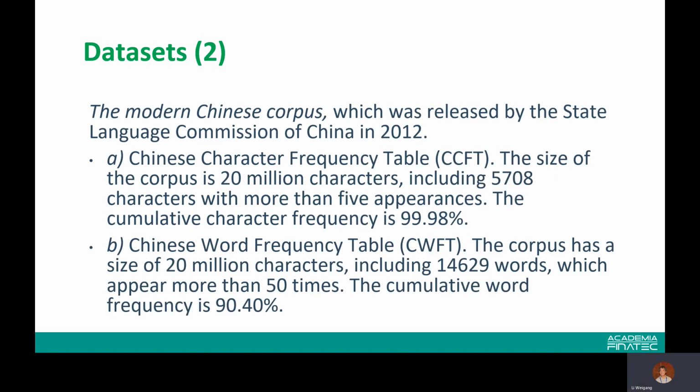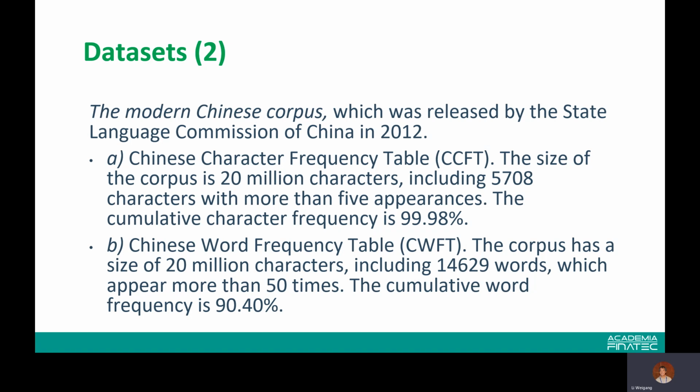Data set 2. The modern Chinese corpus, which was released by the State Language Commission of China in 2012. The first part is the Chinese character frequency table. The size of the corpus is 20 million characters, including 5,700 characters with more than 5 appearances.